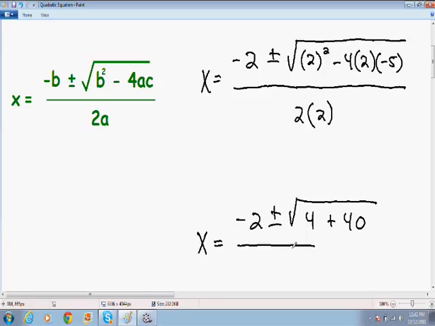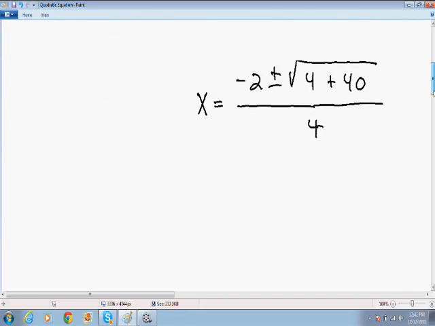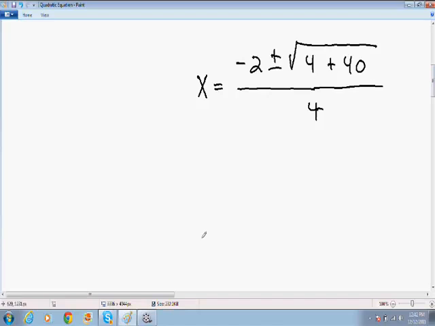And all of this is divided by 2 times 2, which is 4. Now I'm going to simplify the square root even more. This equation becomes x equals negative 2 plus or minus, and 4 plus 40 is 44, so I'm going to write it as the square root of 44.